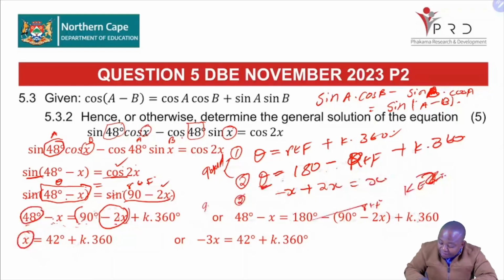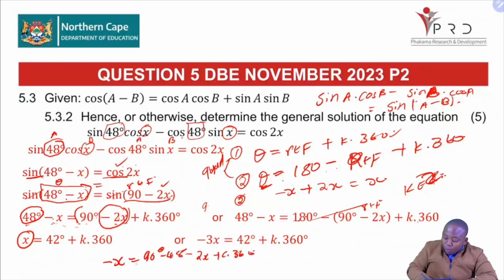What are we going to have? On my right-hand side, I'm going to have 180 minus 90, which becomes 90. Then I will have negative x equal to 90 minus 48 minus 2x plus k times 360.